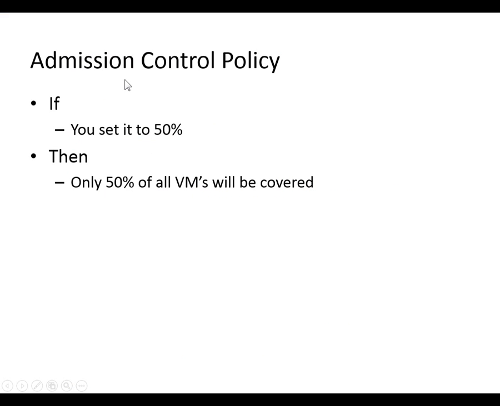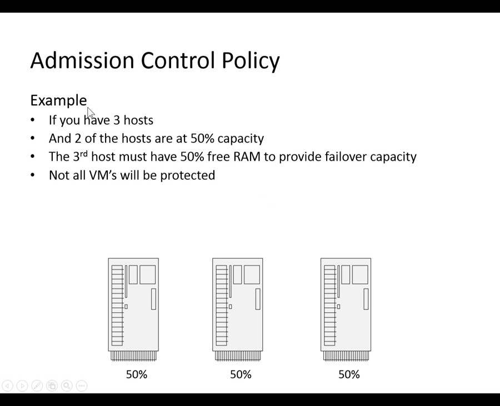So under admission control policy, if you set it to 50%, then only 50% of all virtual machines will be covered. Here's the example. You have 3 ESXi hosts and 2 of them are running at 50% capacity.